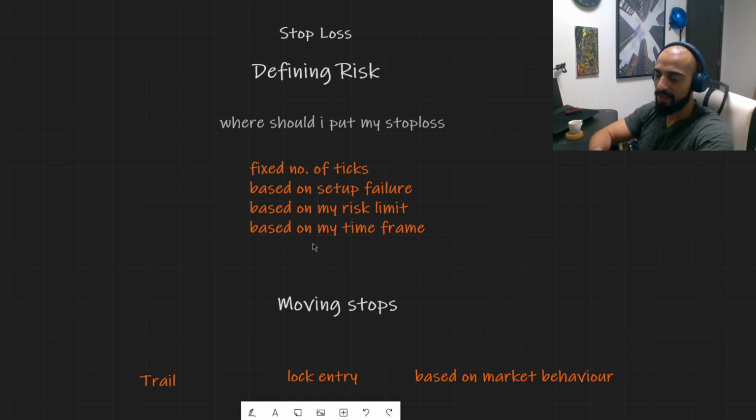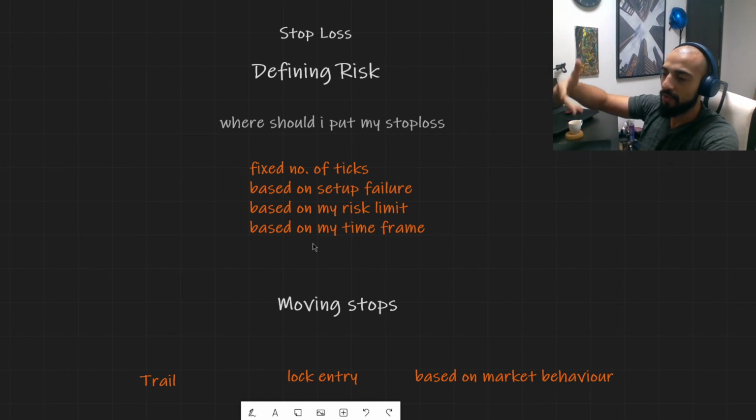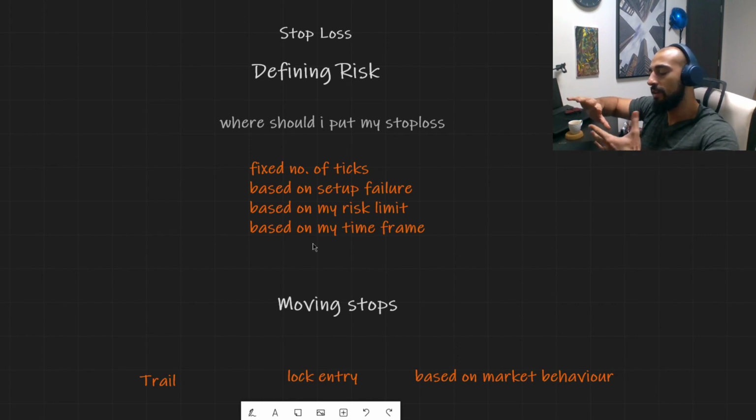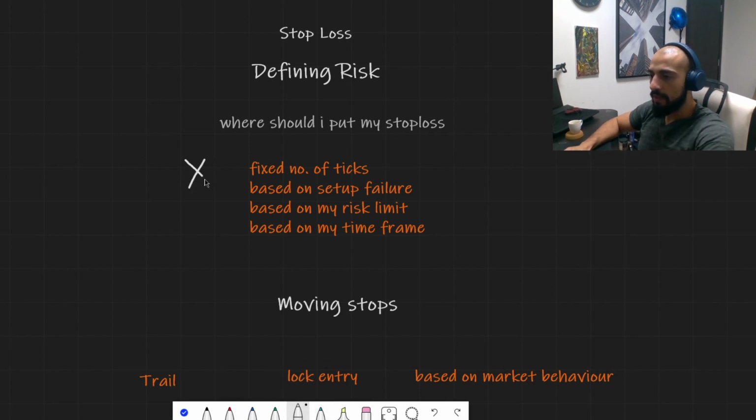The market is happy to take such behavior and liquidity, because you want your risk fixed, yes, but if you don't respect the market range or the setup you're playing in, if you don't respect that the market can move up or down in a specific range, your stop will be taken most of the time. So it's wrong to think that I should fix my ticks on every setup. You've got to be flexible, and if you see the range is not allowing the kind of risk you want to take, you should refrain from taking it.